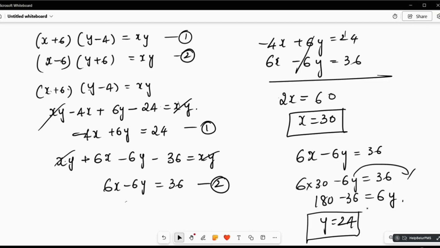What is the total journey length? That is distance, which is equal to x into y, that is 30 into 24. So distance traveled will be equal to 720 kilometers.